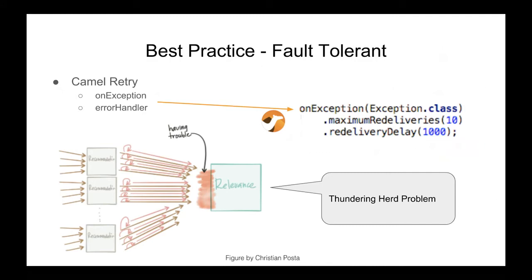This is a figure I have borrowed from Christian Posta. So we have this relevant service in the middle that is under stress, it has problems. So all the other services that are trying to call it will fail. And because we are using client-side retries, they just keep on retrying, calling the same service over and over again, but it keeps on failing because it's overloaded, for example.